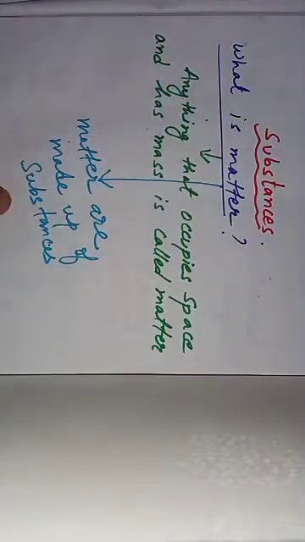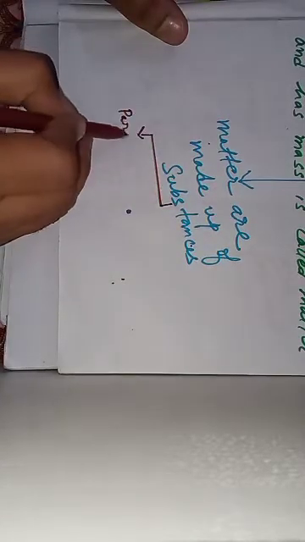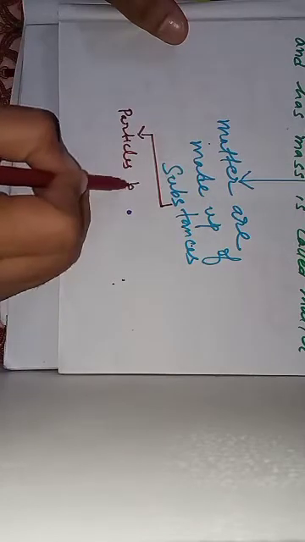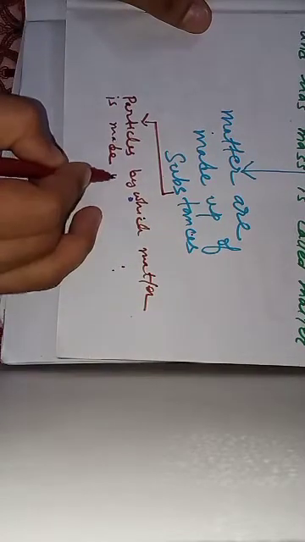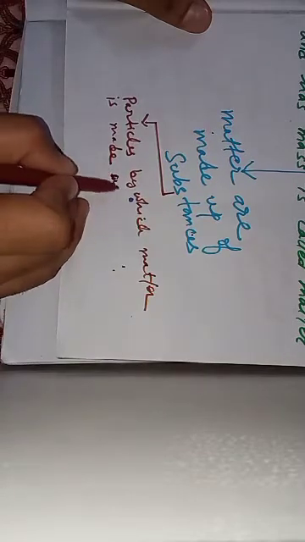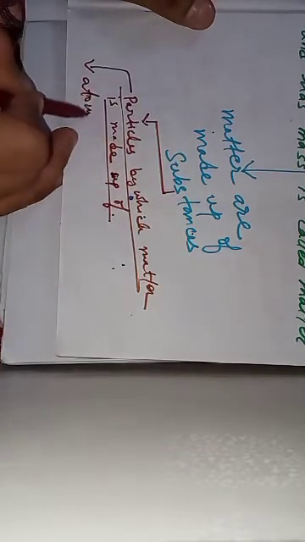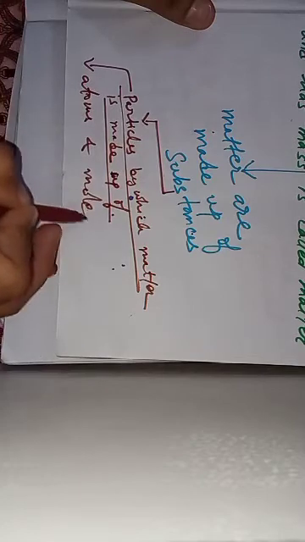Substances are broadly of two types. Substances are nothing but the particles by which matter is made up of, and the particles are further classified into atoms and molecules.